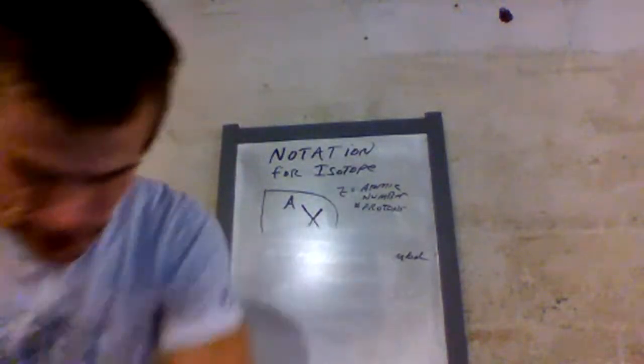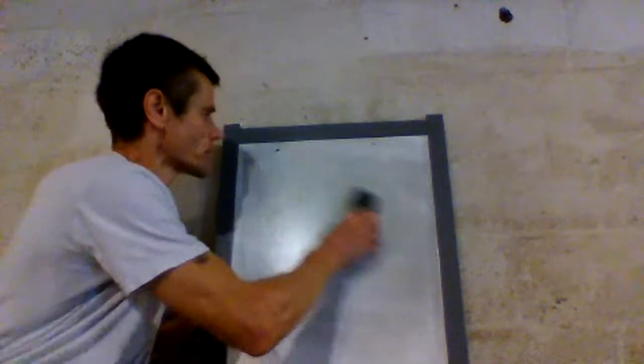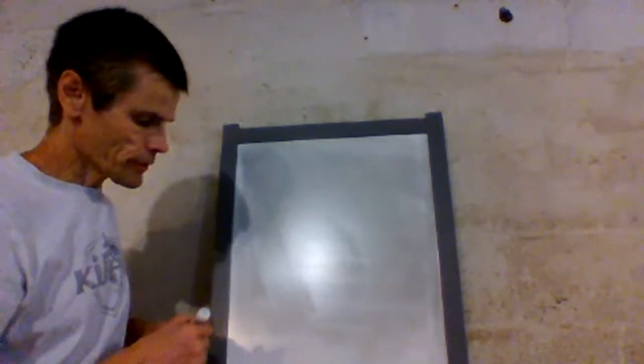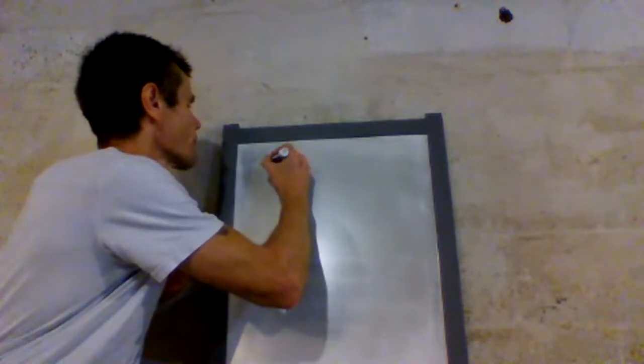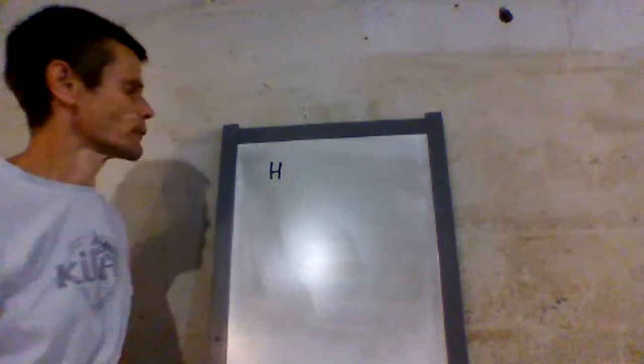So we're going to look at the isotopic notation for the isotopes that exist for hydrogen. So let's look at hydrogen.